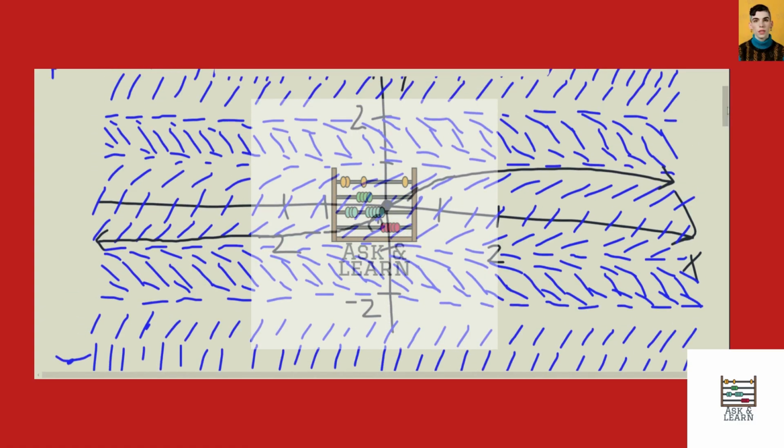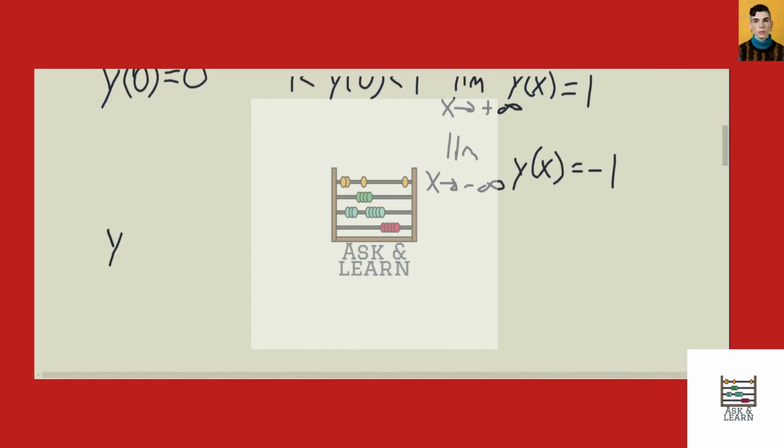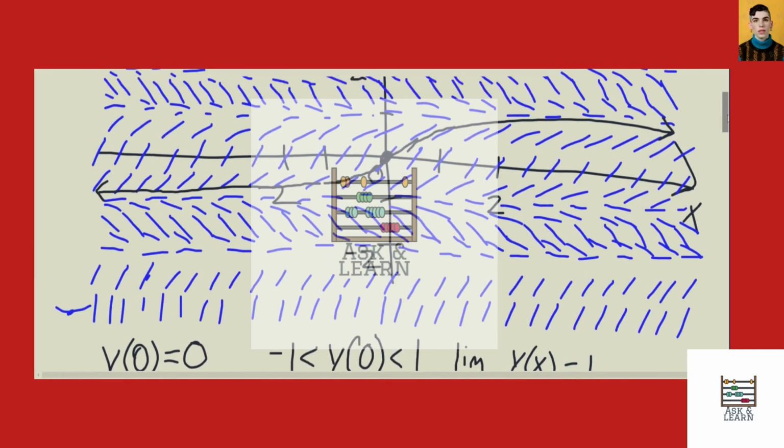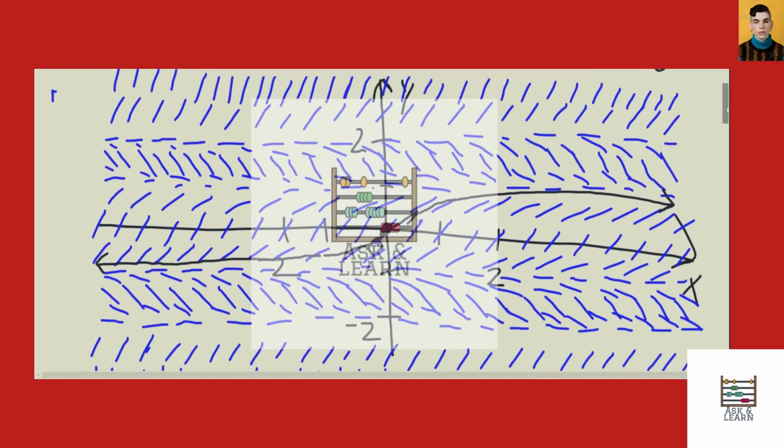As another test, let's try the initial condition y of 0 is equal to, well, we can see clearly if we pick y of 0 equals 1 or -1, we'll simply have two horizontal lines, one at y equals 1 and one at y equals -1, and so we will have limits for those, but trivially.